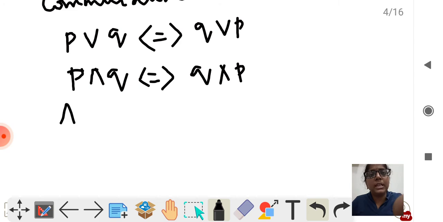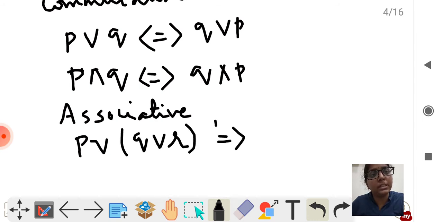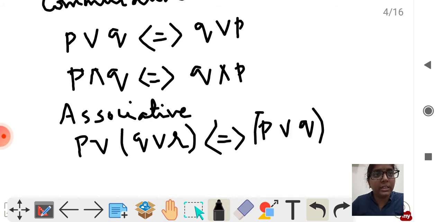Next is associativity, the associative law. For the associative law, you must have three statements. P or (Q or R) is logically the same as (P or Q) or R. Changing the brackets will not change anything.